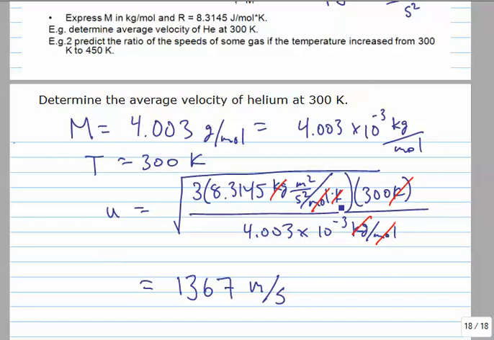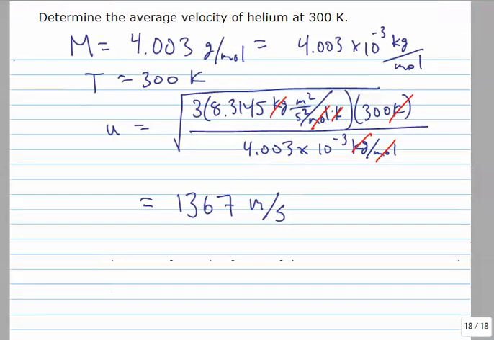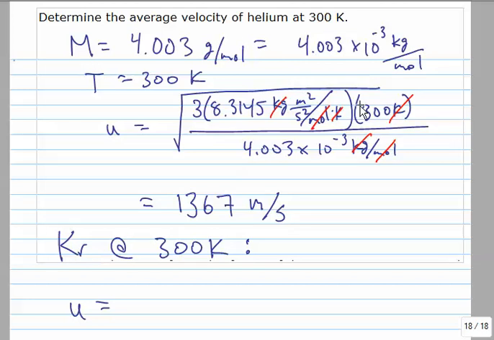Now let's compare this to some other type of gas. Let's stick with our noble gases. Let's say instead of talking about helium, we are talking about krypton. We're going to repeat this calculation for krypton. Here the only thing that changes in this expression is going to be our molar mass, right?